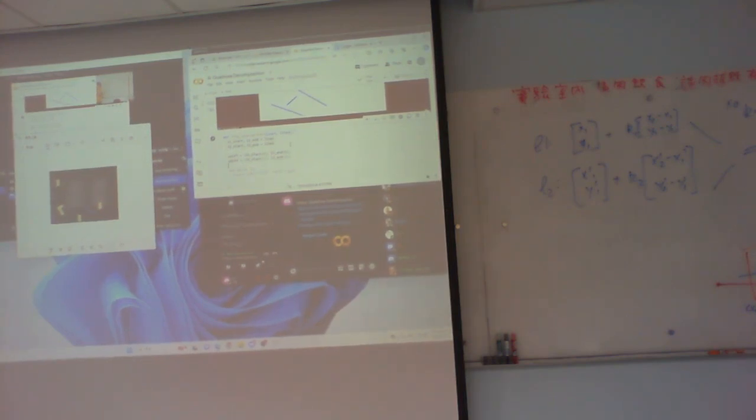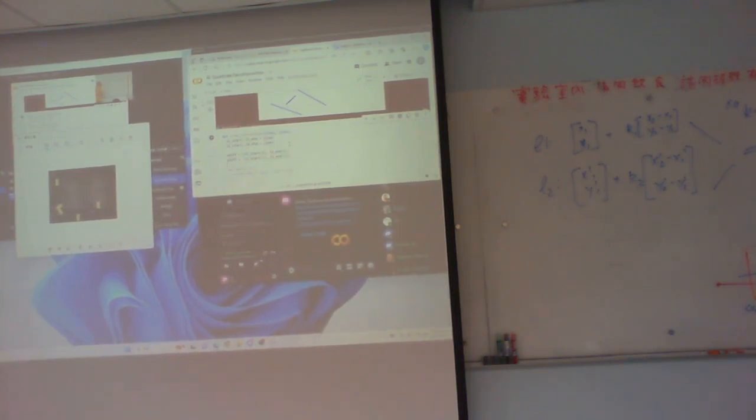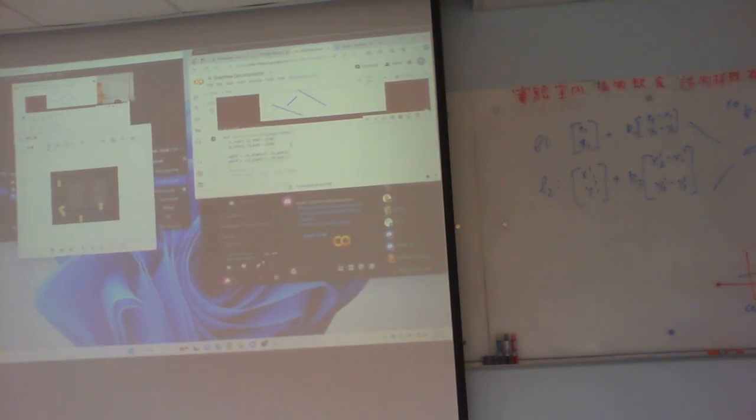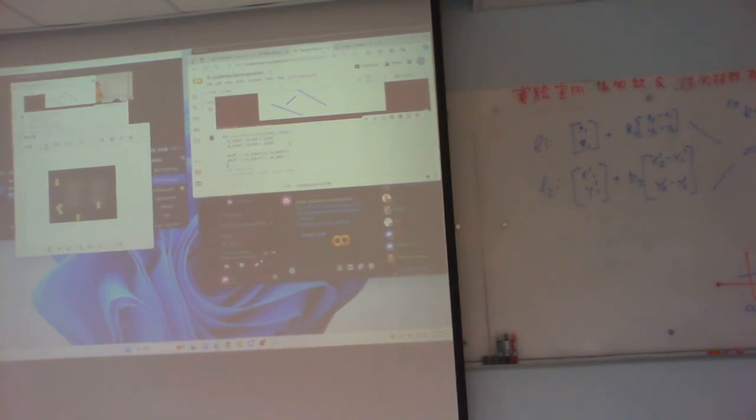divided by the determinant of the original matrix, so that would be x2 minus x1, negative x2 dash minus x1 dash, y2 minus y1, negative y2 dash minus y1 dash, and that gives you k1.